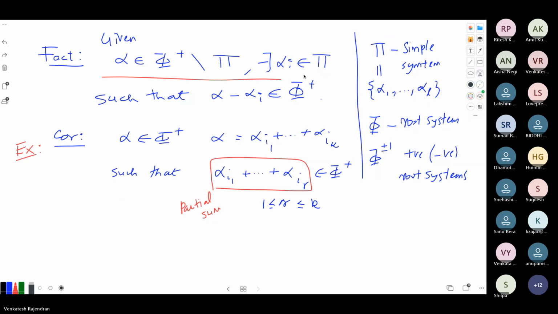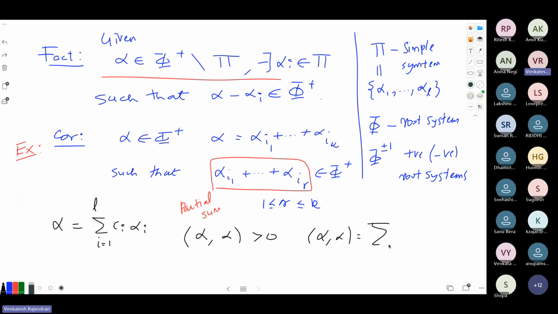Okay, so here is a proof. You write alpha as the summation of Ci alpha I. Then you know that alpha must be positive.